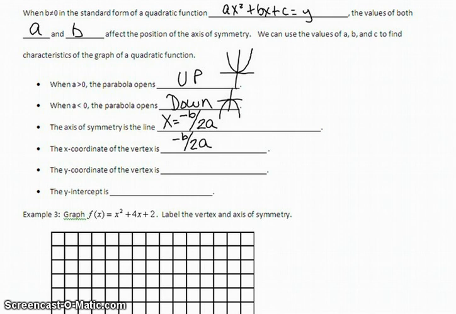The y-coordinate is simply plugging in the x value and determining what y is. So we input negative b over 2a and see what that output is for my y value. And the y-intercept, where does it cross? (0, c).